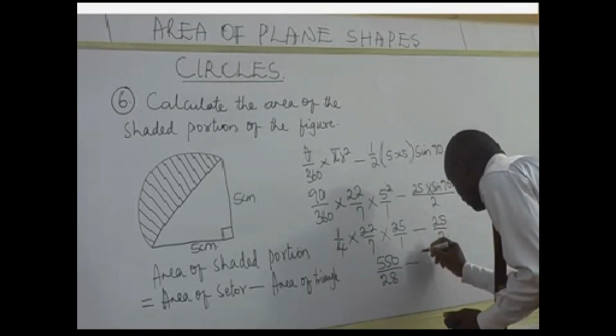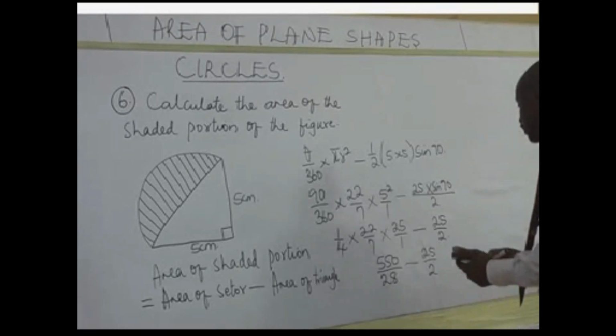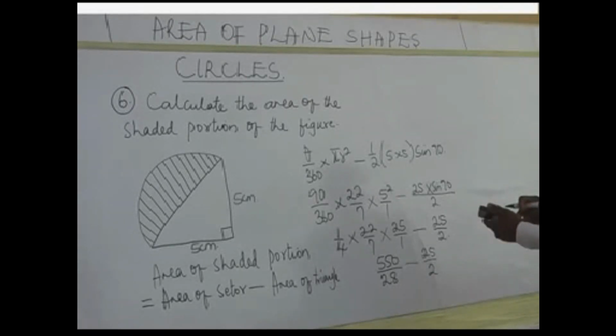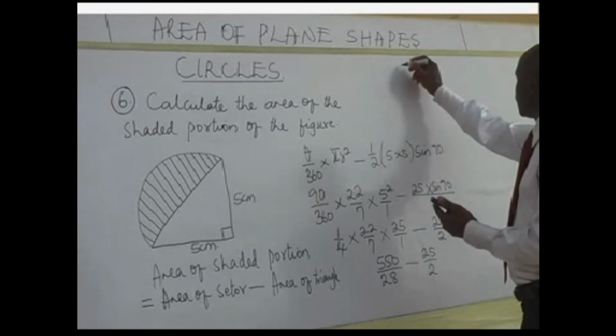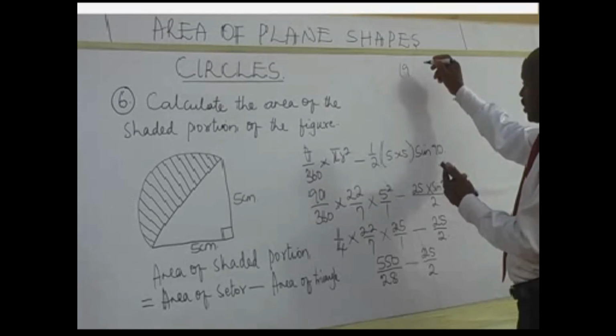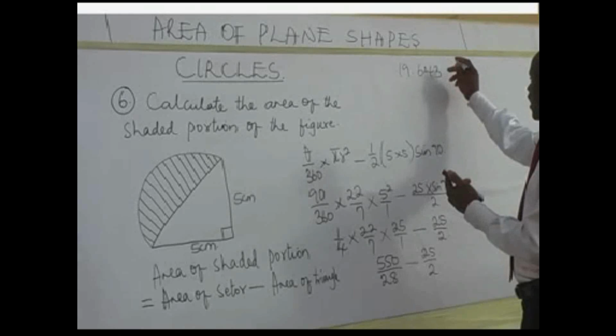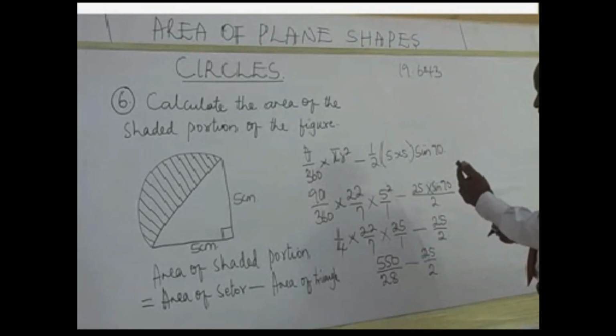Then minus 25 all over 2. Let's divide out. 550 divided by 28 is giving me 19.643, rounded to 3 decimal places.